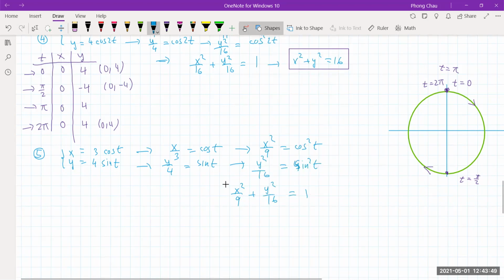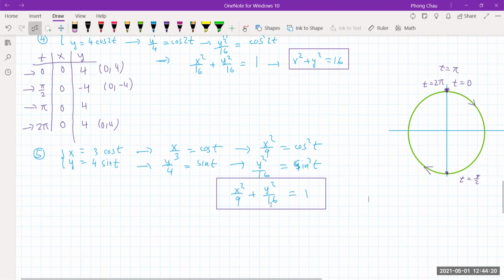And so what we have now is a new equation. This time the denominators are not the same anymore, so I'm not going to multiply anything, just leave it in this form. What kind of graph is it? It's an ellipse this time, right?